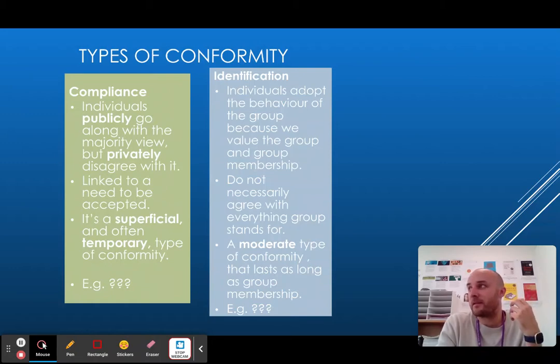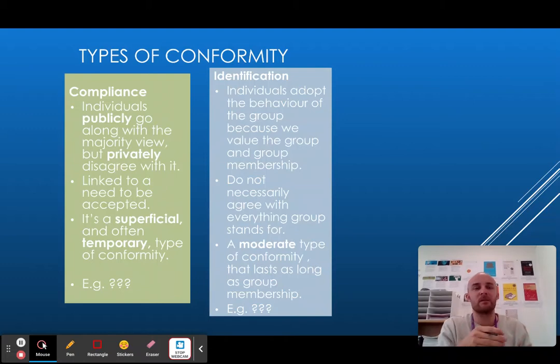She'd act in a way that wasn't her, basically. And when her army mates come down, she falls into that habit again as well. She identifies with the group. Now, that's not who she is as a person, but because she wants to be accepted within this group membership, she changes her behavior.